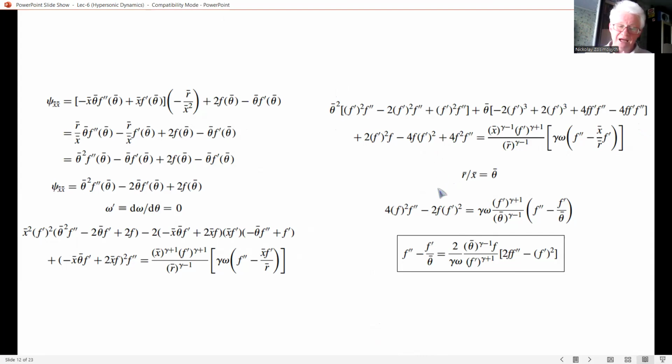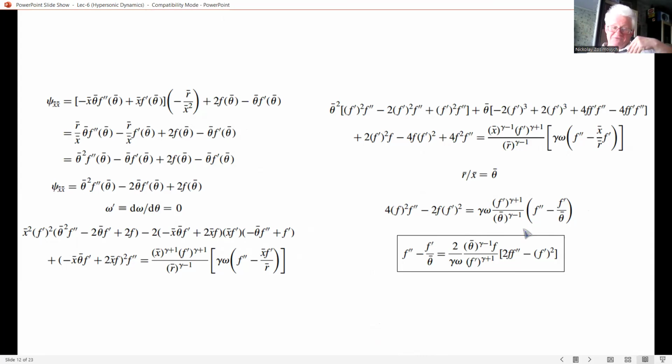this large expression. We get this after recalling that the relation between r over x average gives us theta average. It's logical. And noting that the terms within the square bracket cancel each other, our preceding equation becomes this form, as you can see, more compact.